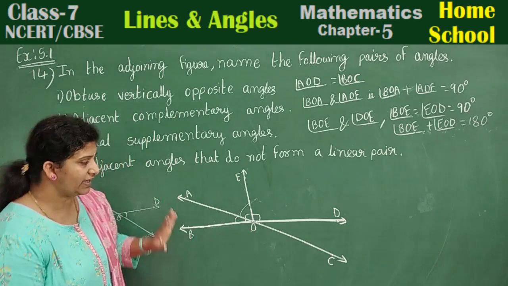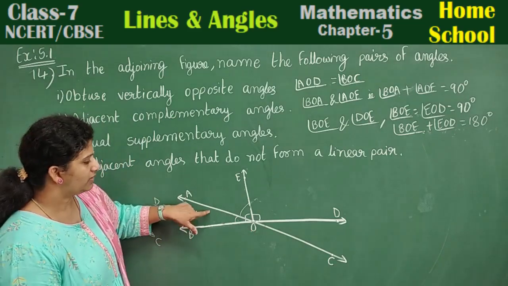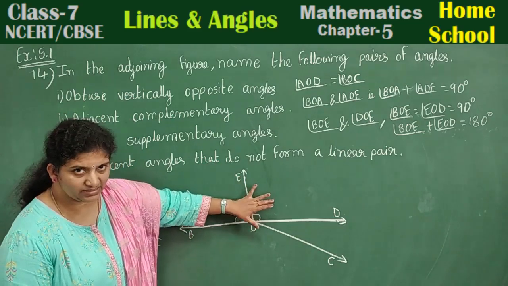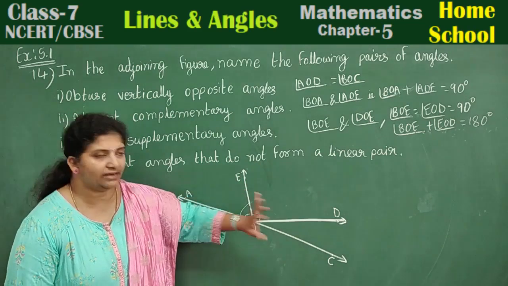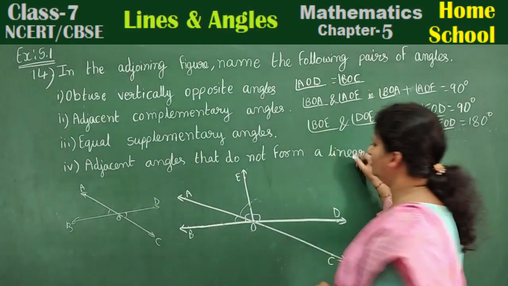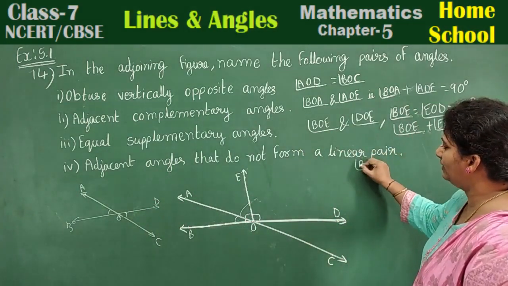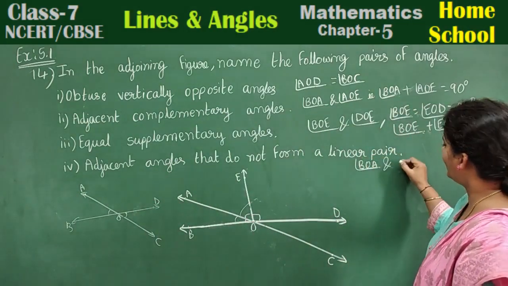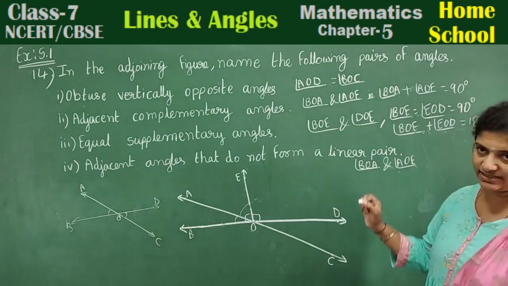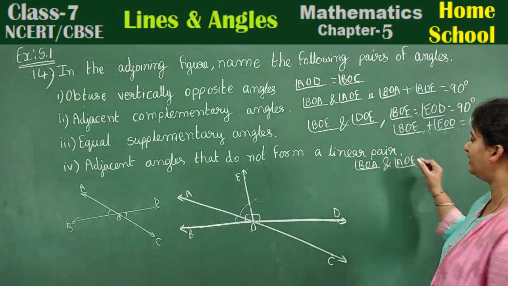So what are all the pairs? Observe here carefully. This and this, this and this, and this and this are the linear pairs. So right here, angle BOE and angle AOE are adjacent angles which are not supplementary.